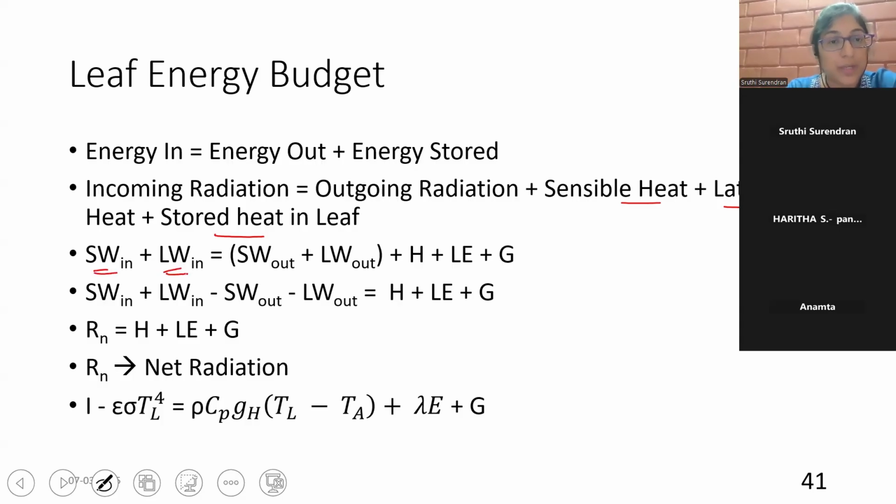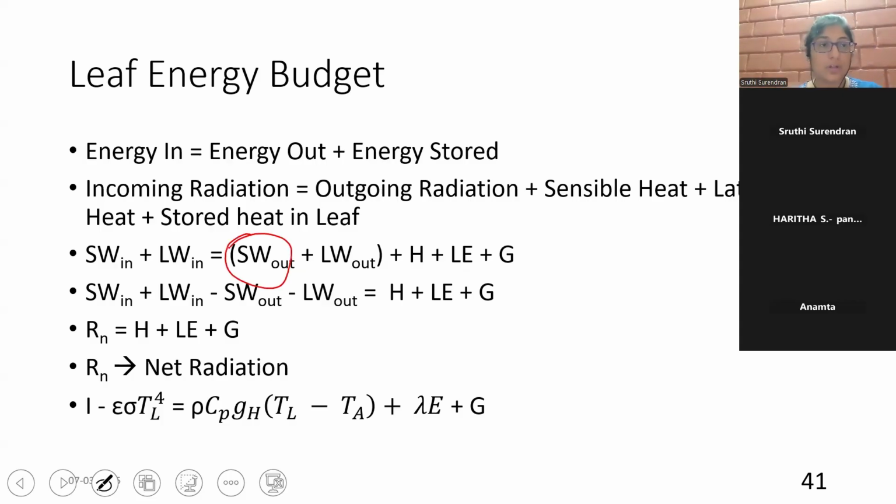And for energy that is going out, the short wave radiations won't go out. There will be some long wave radiations going out, plus the sensible heat, plus the latent heat flux and the stored energy. I put SW out over here because when direct sunlight is hitting the surface, some of the energy is reflected back. That is SW out.